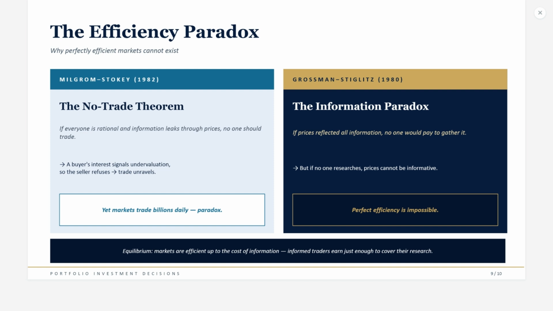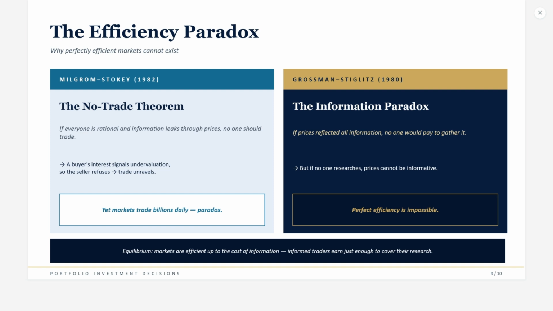That means perfect efficiency is impossible according to Grossman-Stiglitz, and according to the Milgrom-Stokey no-trade theorem, if everyone is rational and information leaks through prices, no one should trade.